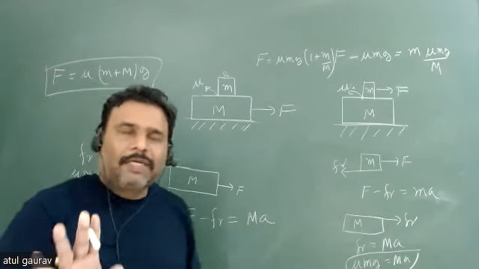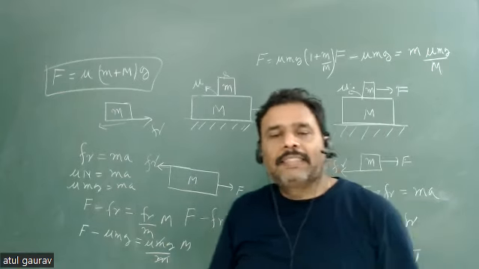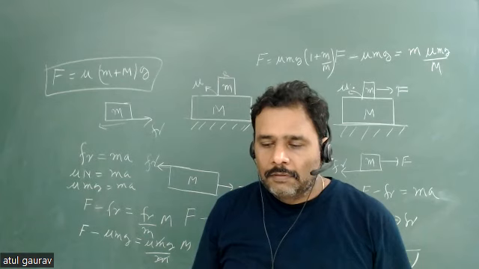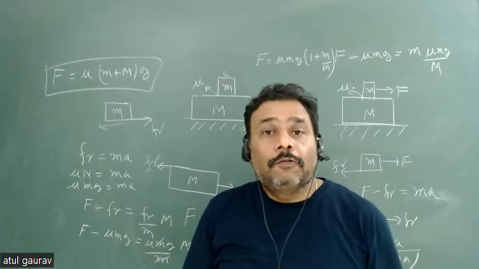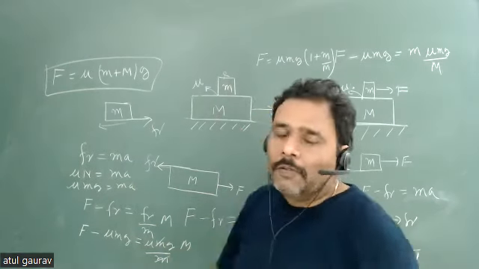एक मिनट, what is definition of frictional force? फ्रिक्शनल फोर्स का डायरेक्शन कैसे पता चलता है? Opposite to the motion. Not opposite to the motion, opposite to relative motion. Relative motion. तो यहाँ पर किसके बीच में रिलेटिव मोशन होगा?